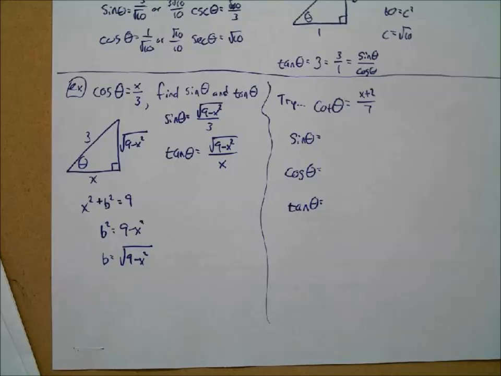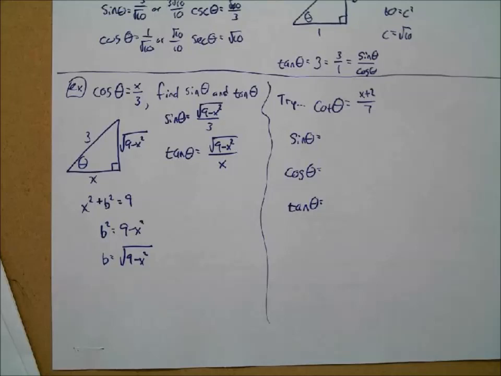Can you help me? I hope so. I'm trying to do this the easy way. So I put this to get tangent, right? Yes. And then isn't tangent sine over cosine?